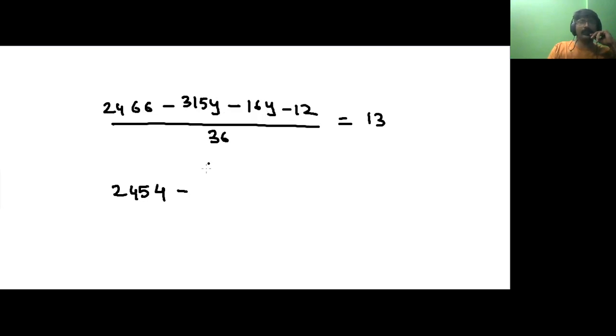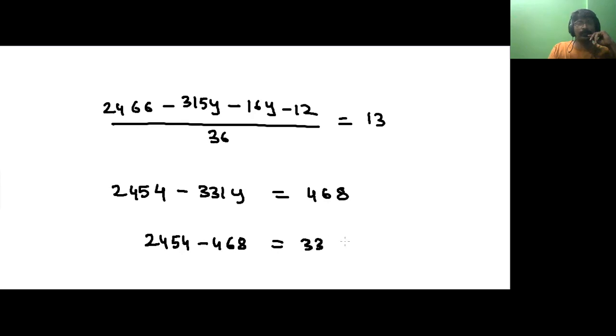Minus these will get added, so it will become 331y, which equals 36 into 13. 36 into 13 will become 36, 78, 7 carry, 13 3s are 39 plus 7 is 46. Now we'll have to do 2454 minus 468, which equals 331y.